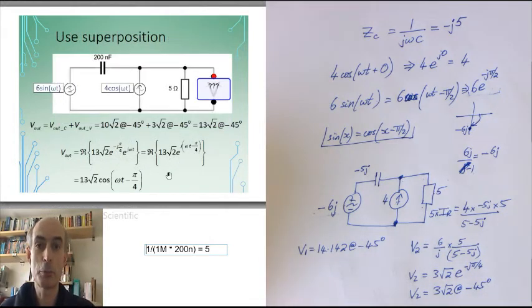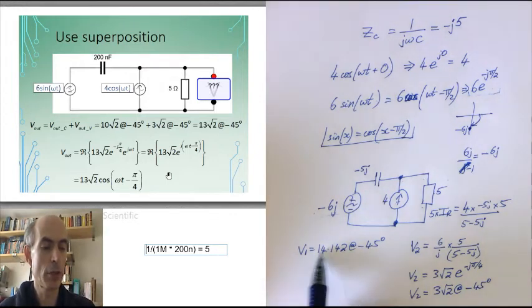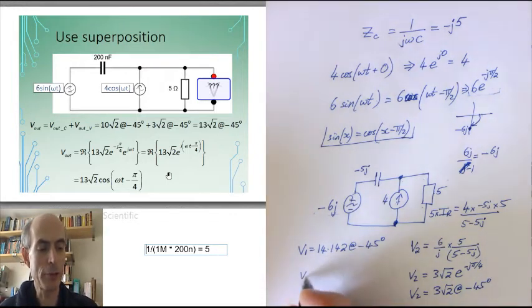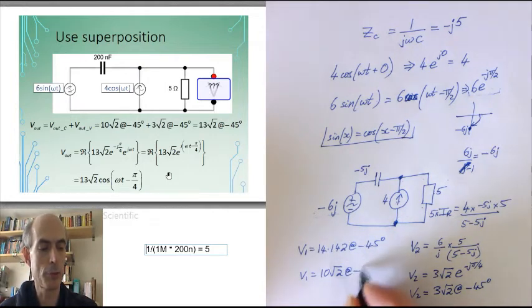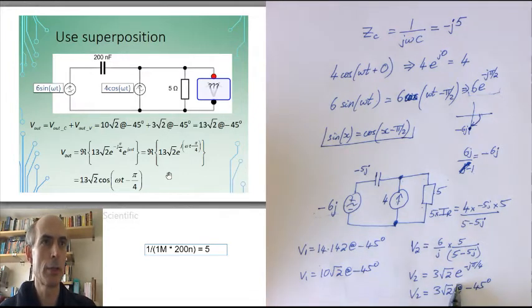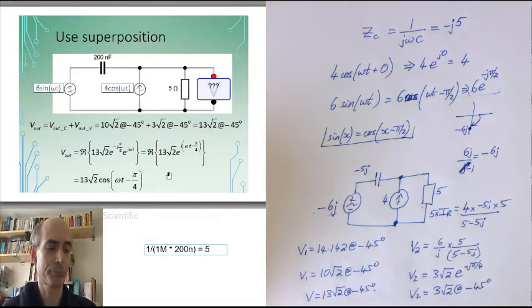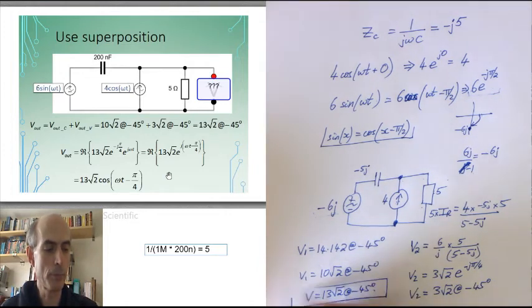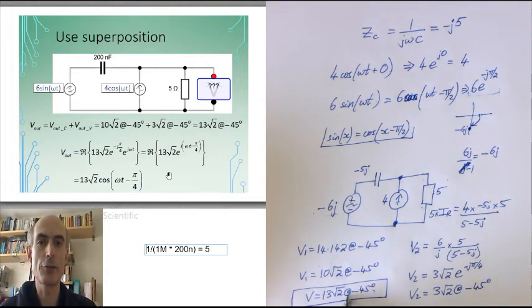I can then use superposition to add both of these up, noting that 14.142 was actually 10 times root 2 at minus 45 degrees. Adding V1 to V2 gives me 13 times root 2 at minus 45 degrees, for my total output as a phasor.